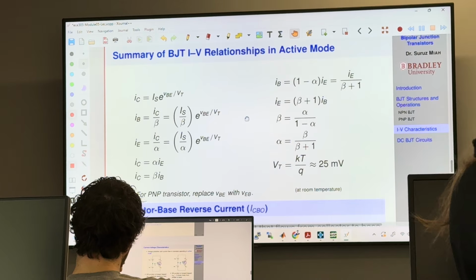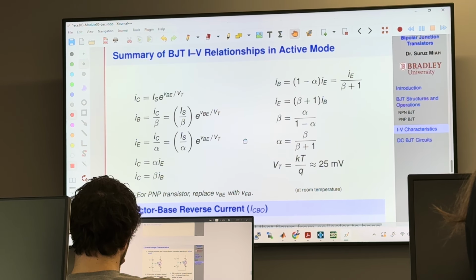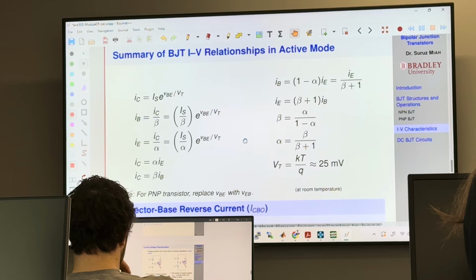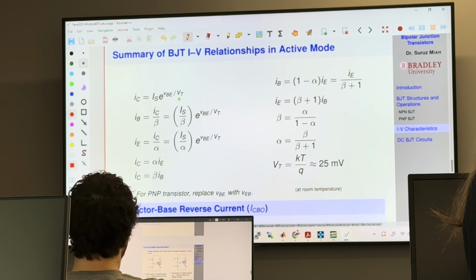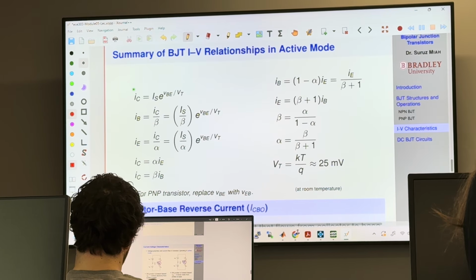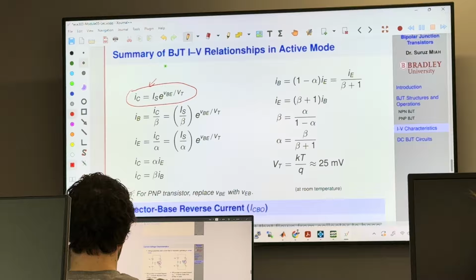Before I go through the example, just to summarize all the equations, because we need these equations. You already know this equation: IC equals IS times e to the VBE over VT. This equation is the first part of your laboratory experiment number 4.